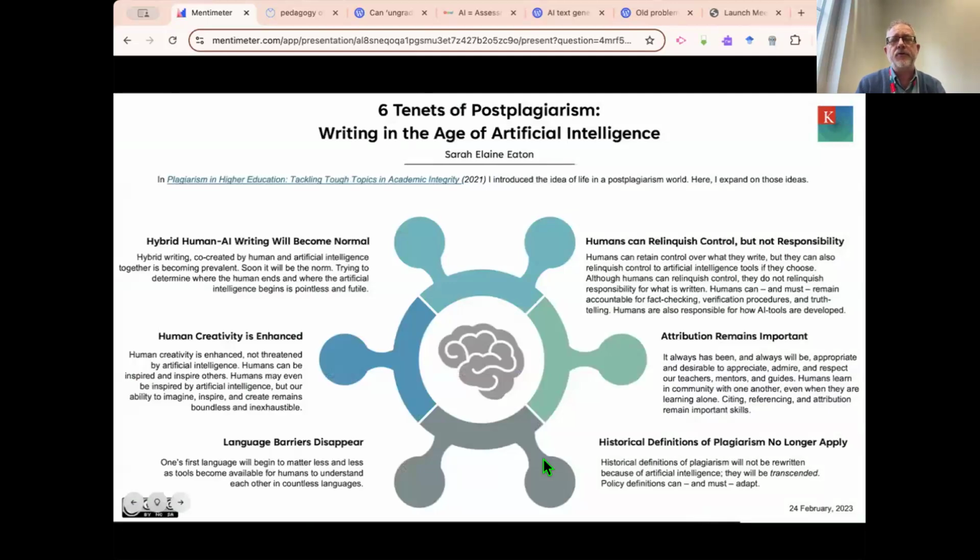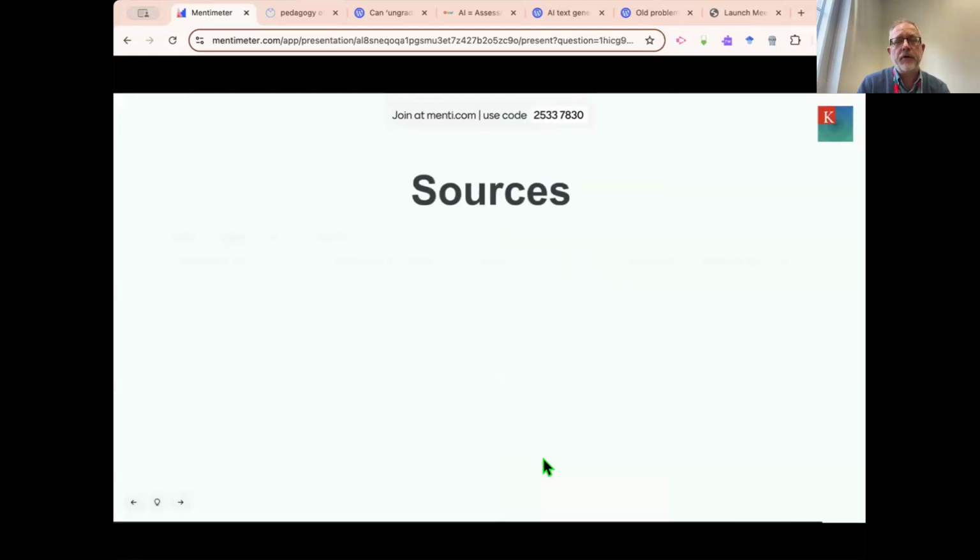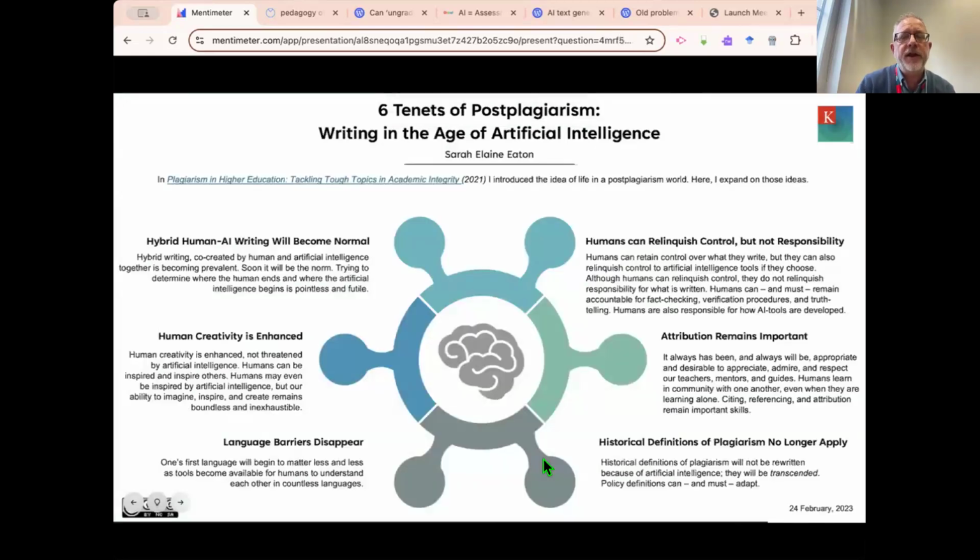I would commend to you this very thoughtful piece from Dr. Sarah Eaton, who talks about human-AI hybrid writing, a period of post-plagiarism, a necessity for us to really interrogate and review everything that we're doing. I would also commend Kath Ellis and Kane Murdoch's work on academic integrity. It's a really interesting framing that feeds into the debates around exams.